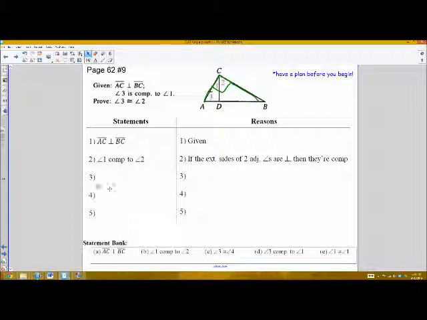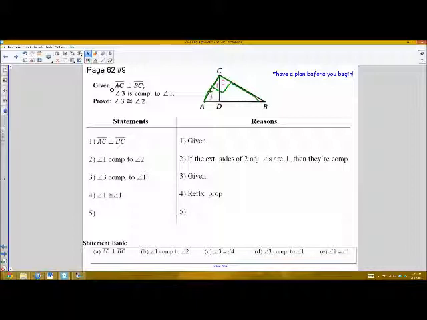After I have that, I'm going to bring in the other given, the fact that angle 3 is complementary to angle 1. It's just given to me. Now I have 2 sets of complementary angles, and I know that angle 1 is the same as itself by the reflexive property.